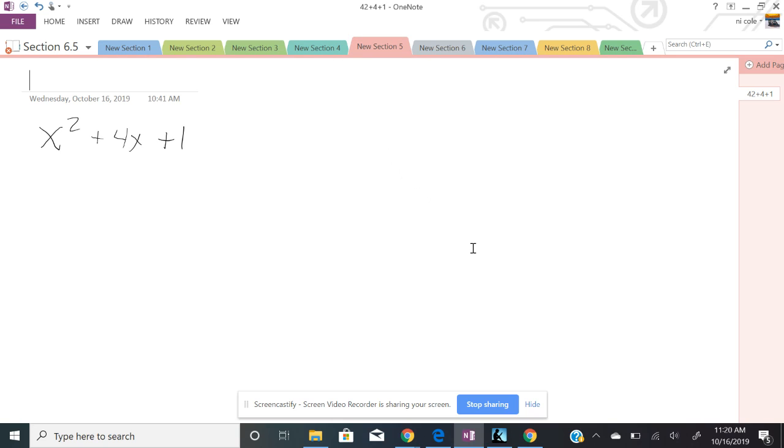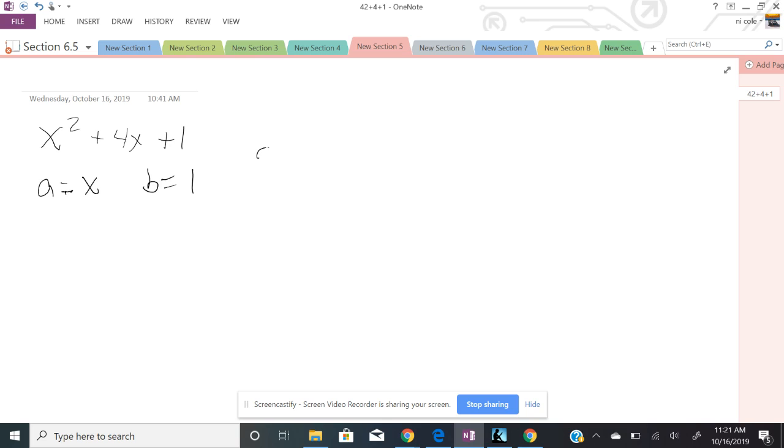Okay, here we go. That's a perfect square. So A is equal to x. 1, don't forget, 1 is always a perfect square. B is equal to 1 because 1 times 1 is 1.